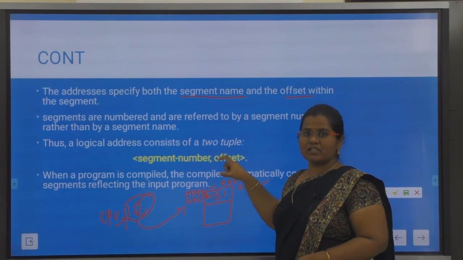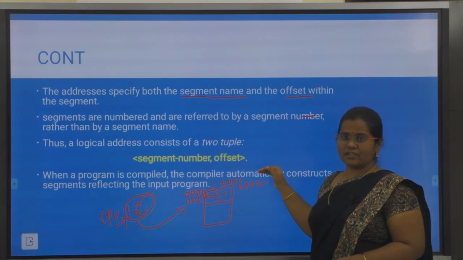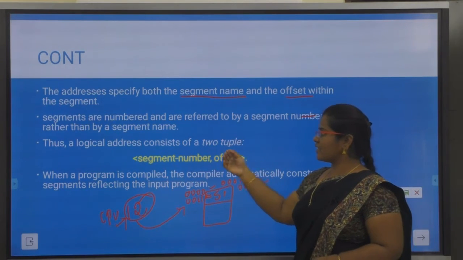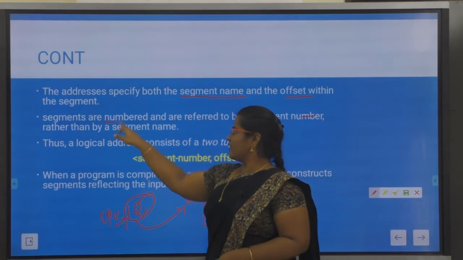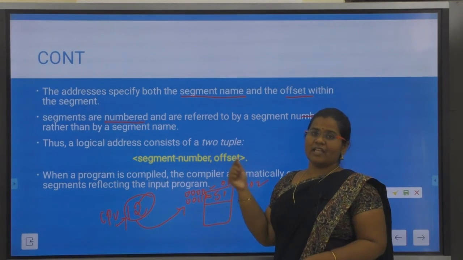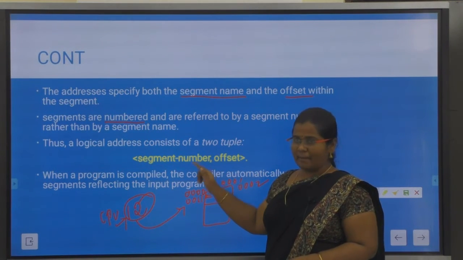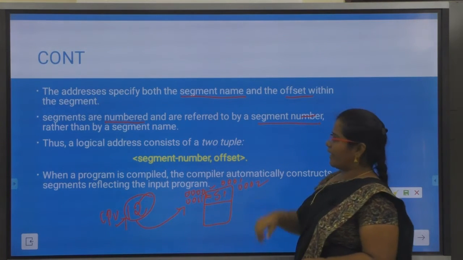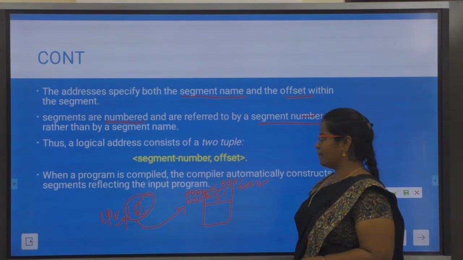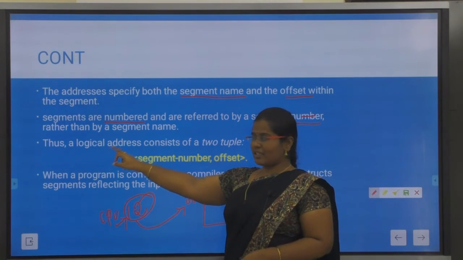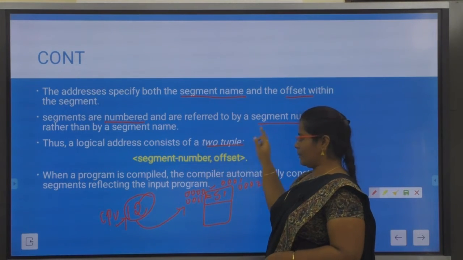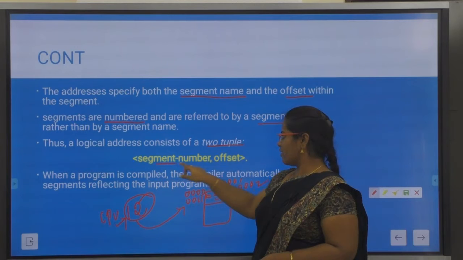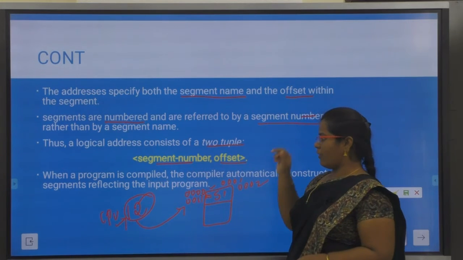So instead of segment names, we can consider these segments with their numbers. Each segment will be given a number and referred to by that segment number. So the logical address will contain two parts: one is your segment number and the other is the offset.